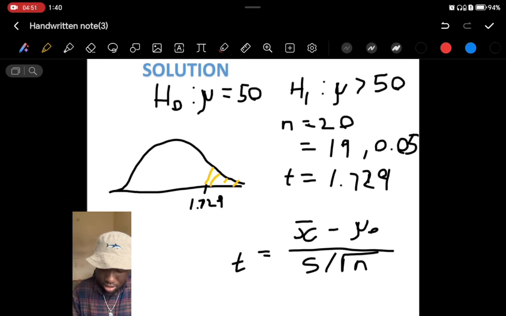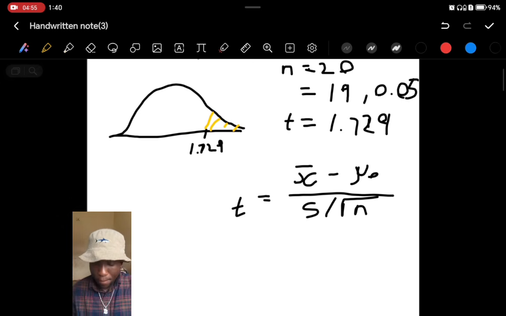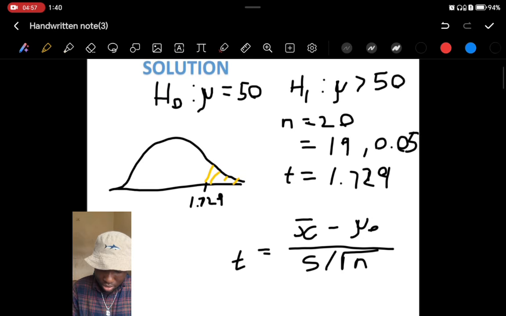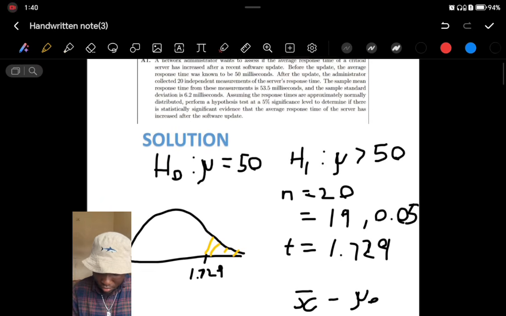This video is getting too long. The mean response time from the measurements was 53.5.